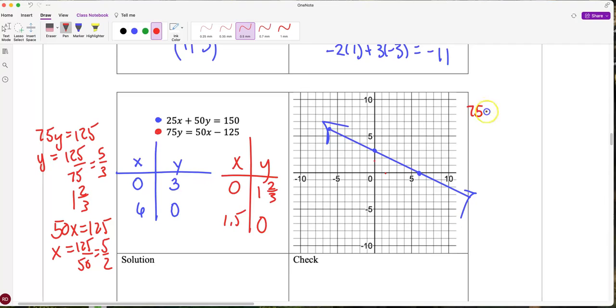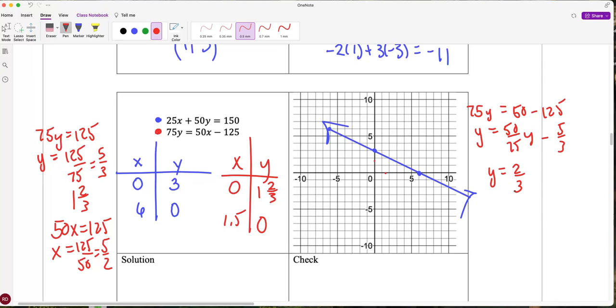75y equals 50x minus 125. Y is 50 over 75 x minus, what was it? 125 over 75 is 5/3. And so 25 goes in there, it's what, 2/3? So y is 2/3.